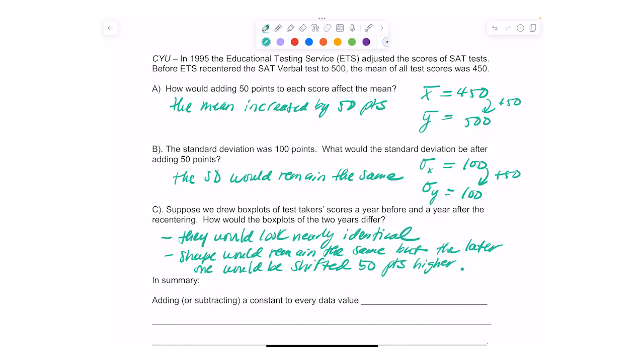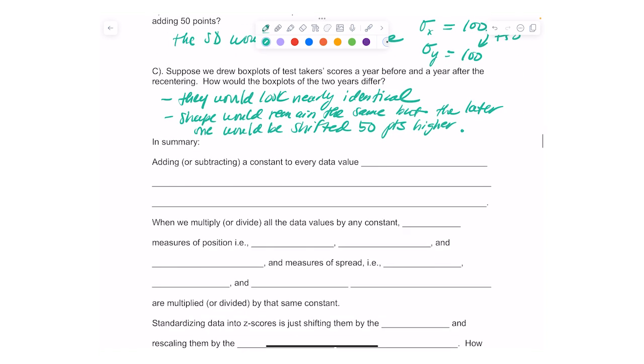Okay, so let's summarize really quickly what we found. Adding or subtracting a constant to every data value, what does that do to the measures of center or position, and what does it do to the spread? Well, as we just saw, it adds or subtracts that same constant to the measures of position.